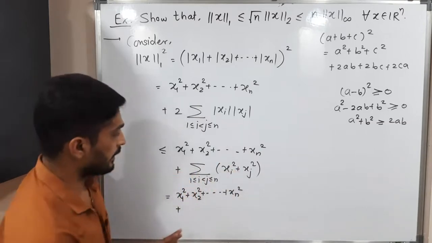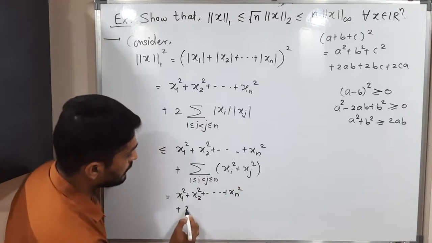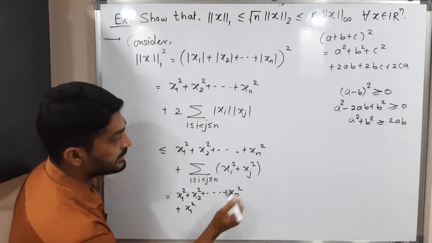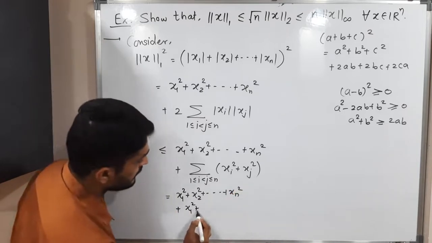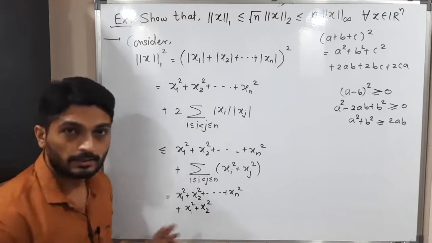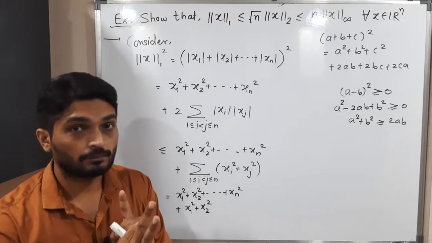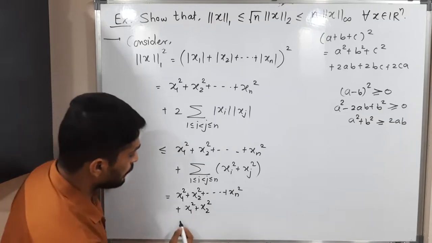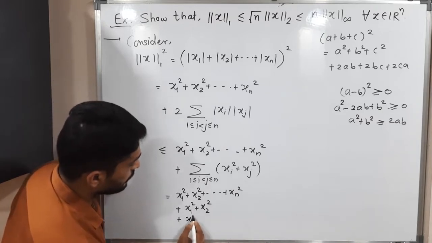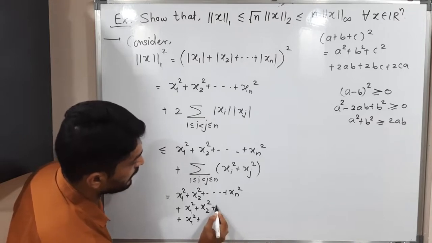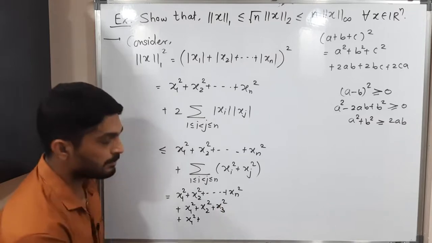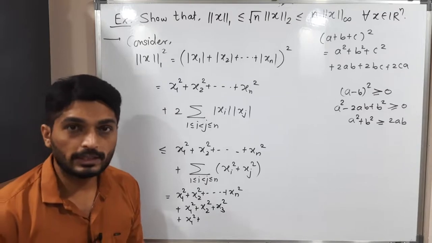Okay, let us start. I am taking i equal to 1. So x1 square, and j is equal to 2, so plus x2 square. Now i is equal to 1, j is equal to 3, so let me continue here. x1 square plus, now j is equal to 3, x3 square. I'm writing at a different place but doing the same.